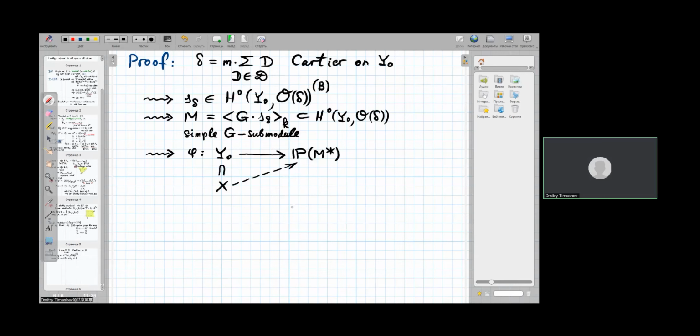Now let's consider the graph of this map. That is, you consider the product of X and this projective space, and you consider the rational map from X to this product, which I denote by big phi. It is just the product map.